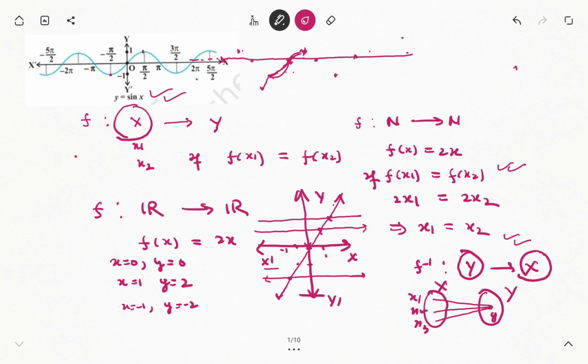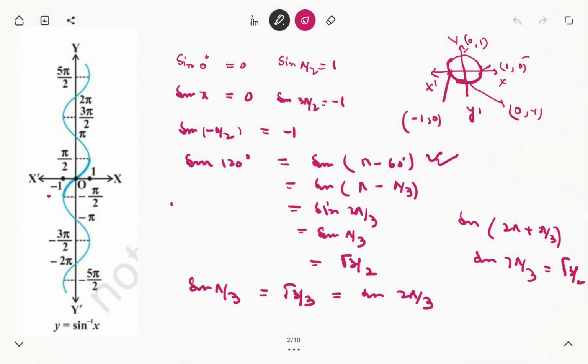The domain for the inverse function will be the codomain of the sine function, right? So let's come to this now. The graph will be like this. Now our domain of the inverse trigonometric function, sine inverse will be from y to x.